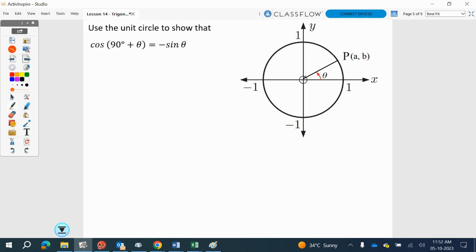It's all about the diagram. The other bit's easy.